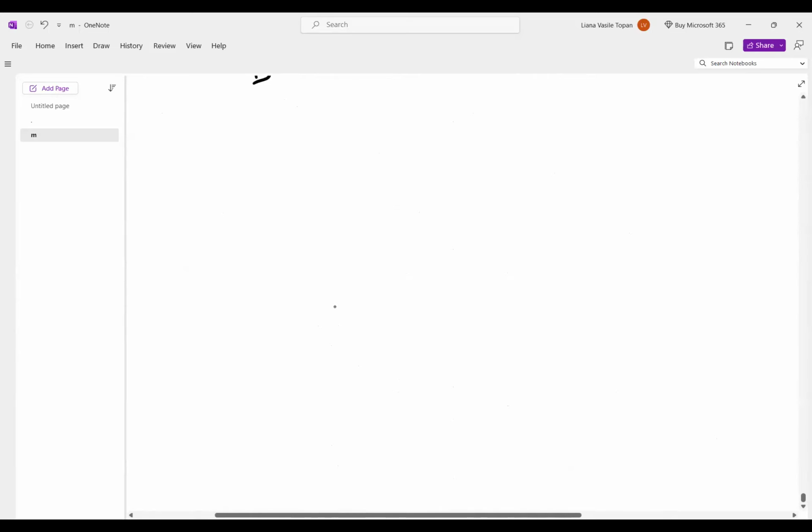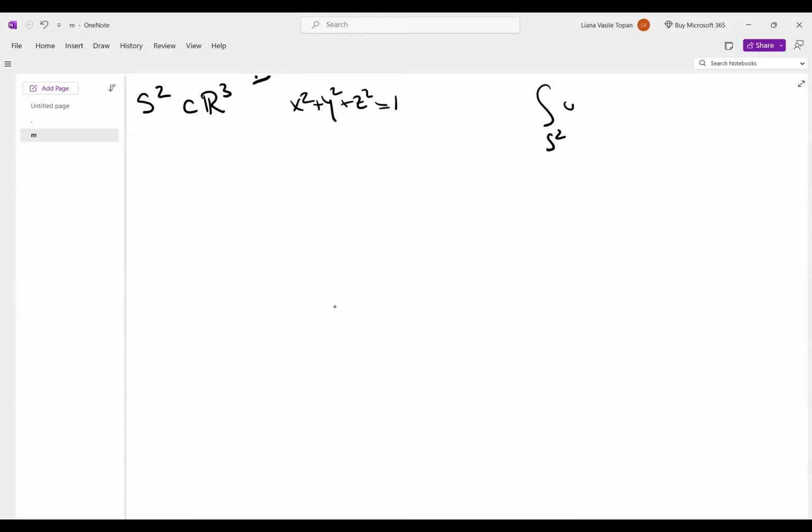Let's take the two-dimensional sphere as a subset of R3. Remember, this is x squared plus y squared plus z squared equals 1. And then we take the following two form. Remember, on a manifold of dimension m, we only integrate m forms. So I want to calculate the integral over S2 of a form, so I need that form to be a two form.